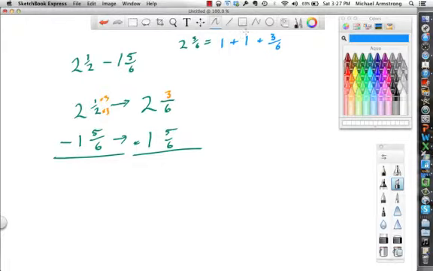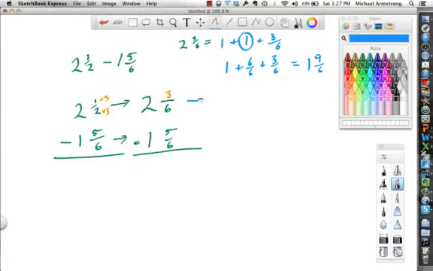And now what I do is I take this 1 and I just chop it up into sixths. How many sixths is it? Well, it's the same as 1 plus 6/6 plus 3/6. That's really what I'm doing. And 1 plus 6/6 plus 3/6 is really equal to 1 and 9/6. 6 plus 3 is 9. And our denominator stays the same.